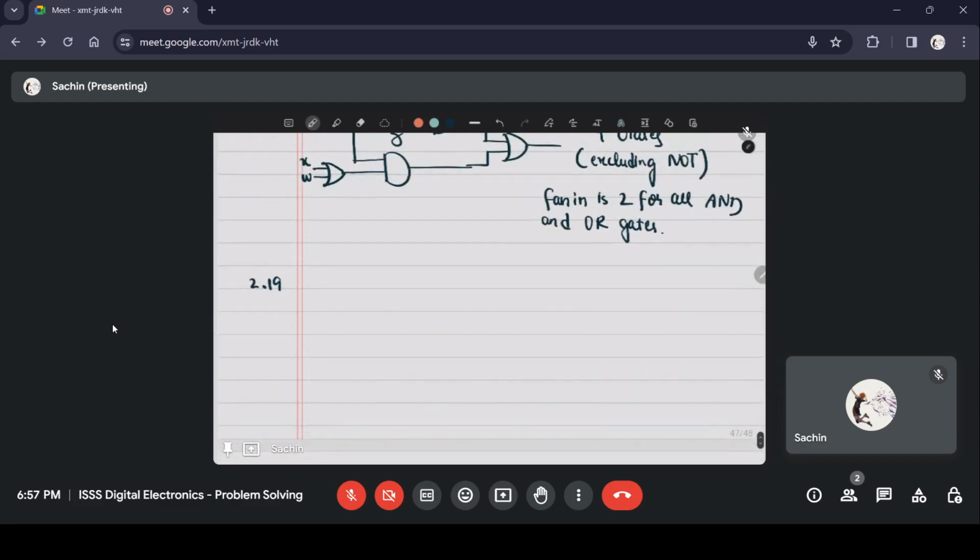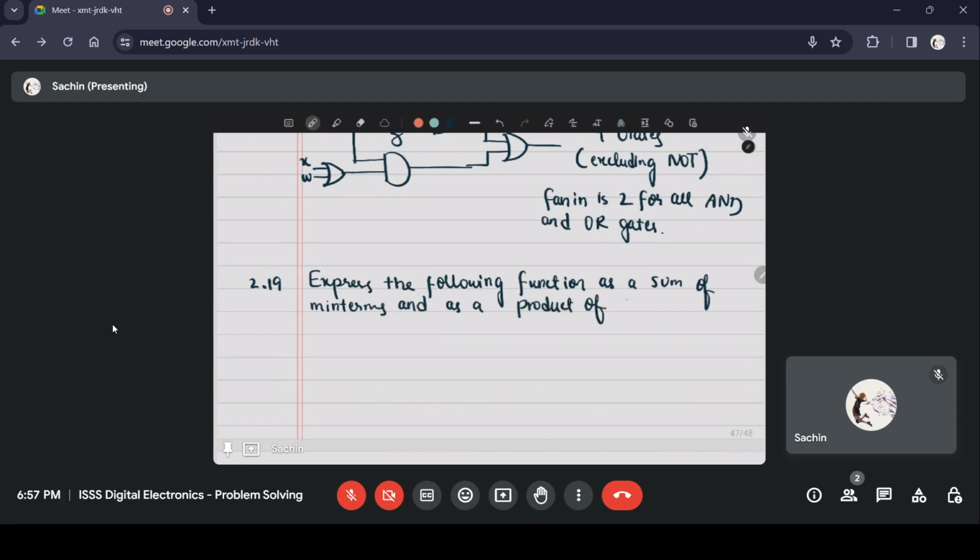Okay, we'll move on to problem 2.19. Express the following function as a sum of minterms and as a product of maxterms, and the expression given is in four variables.